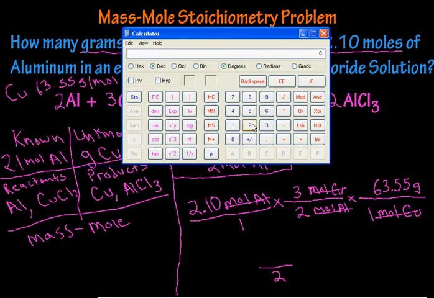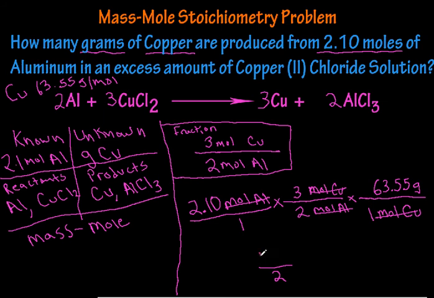We're going to take 2.1, you don't need to write the 0, but you can, times 3, times 63.55. Now we can keep all those numbers for right now. We'll get rid of some of them later. So it's 400.365. And that'll be grams of copper.